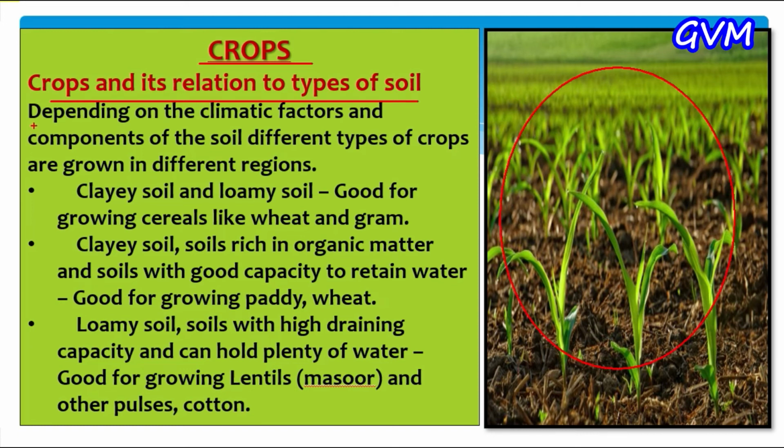Students, the crops grown in any region depend on the climatic factors and the different types of soil components of that area. So, on the basis of the climatic factors and the components of the soil, different kinds of crops are grown in different kinds of soil. As the first one, clay soil and loamy soil.